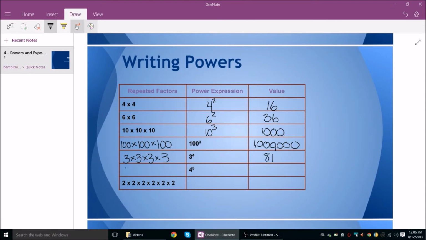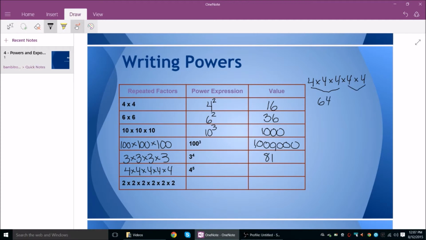And then we've got 4's repeated 5 times. This one I don't actually know off the top of my head, so I'm going to have to break this down. Here's what I'm going to do. I know that 4 times 4 times 4, so that would be 4 cubed, or 4 to the third, is equal to 64.